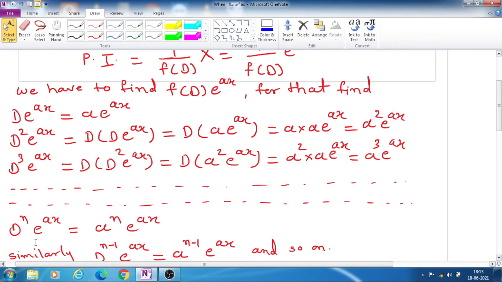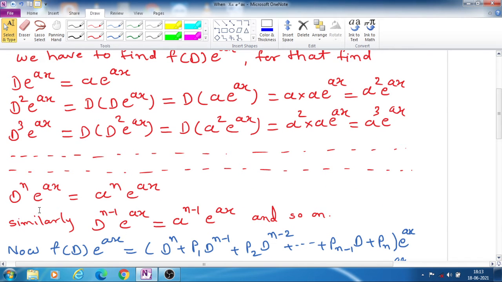So generally, if we write the nth derivative of e raised to ax, that is D raised to n e raised to ax, since see here the first derivative D e raised to ax is a e raised to ax, D square e raised to ax is a square e raised to ax, D cube e raised to ax is a cube e raised to ax.